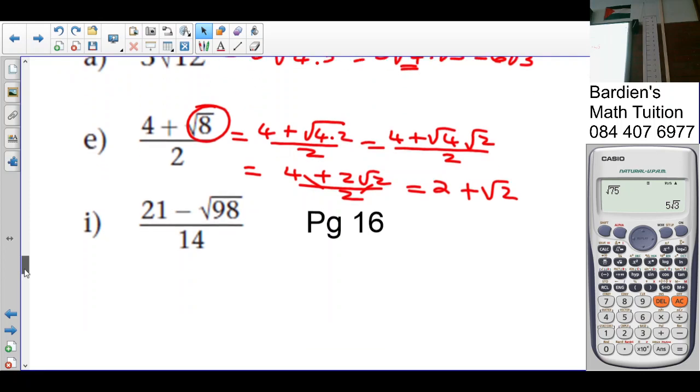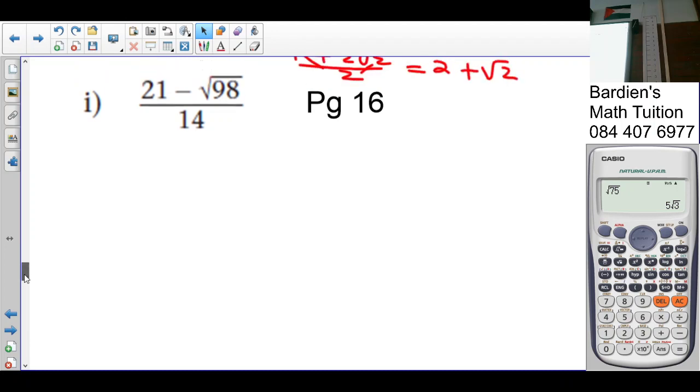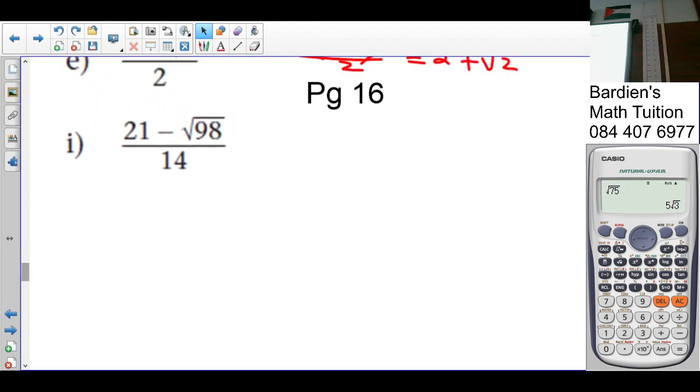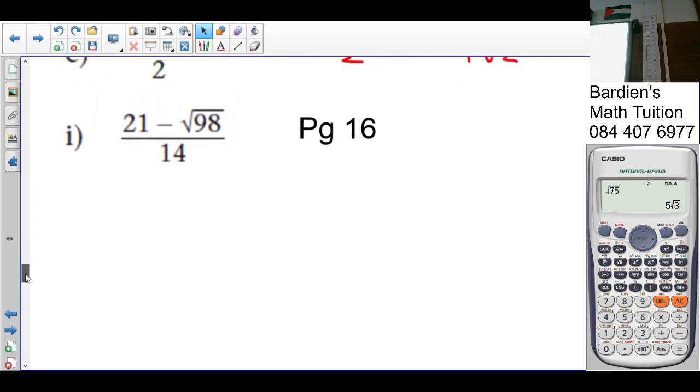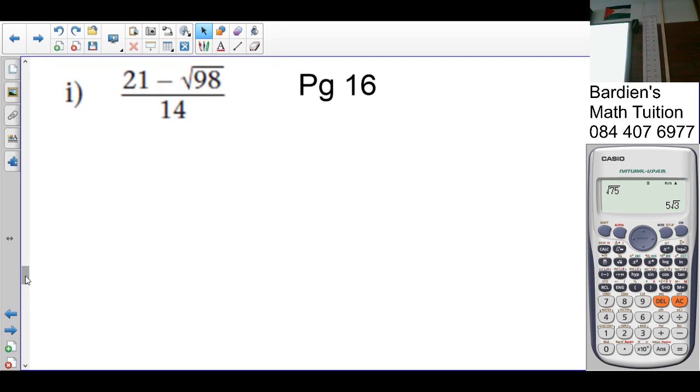None? And the last one. What is the biggest, or the largest perfect square that's divisible by 98? Sorry? 49.